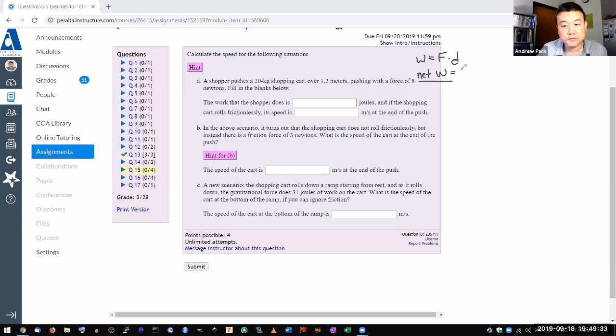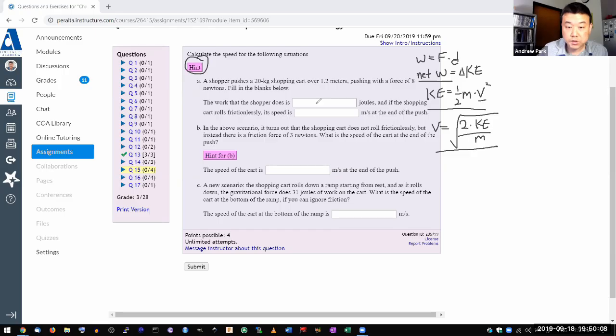That net work gives the change in kinetic energy, and that kinetic energy is given by 1/2 times mass times speed squared. And in the hint, I do this calculation that you can reverse this relationship and solve it for speed. And when you do, speed will be 2 times kinetic energy divided by mass, square rooted. So these are the formulas that I'll need to use.